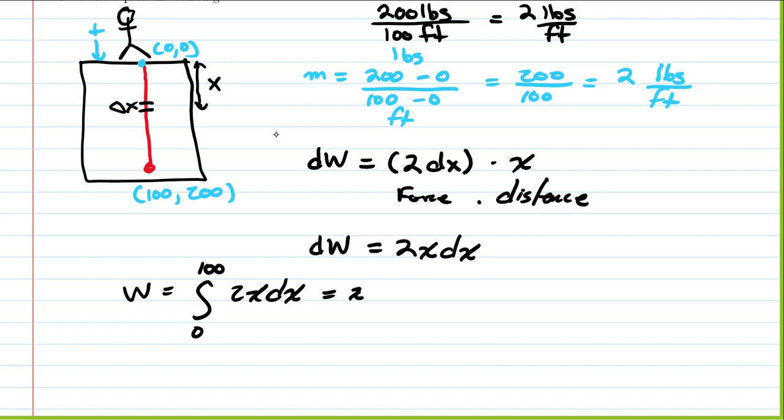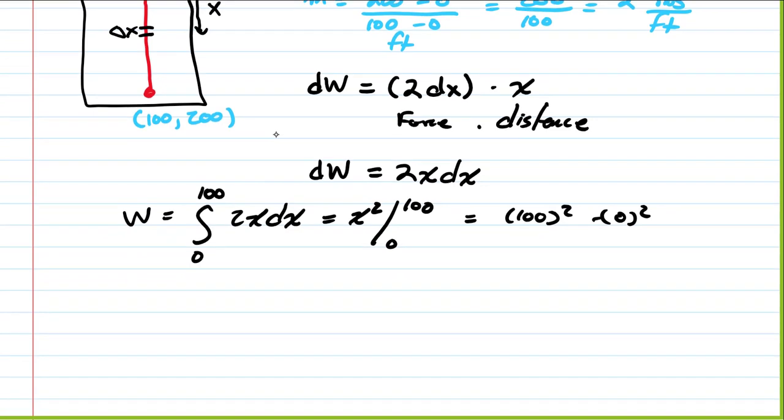Well, 2x has a great antiderivative, which is just x squared, evaluated from 0 to 100. That gives us 100 squared minus 0 squared, which gives us 4 zeros afterwards. So that would be 10,000 foot-pounds of work to lift that rope all the way to the top.